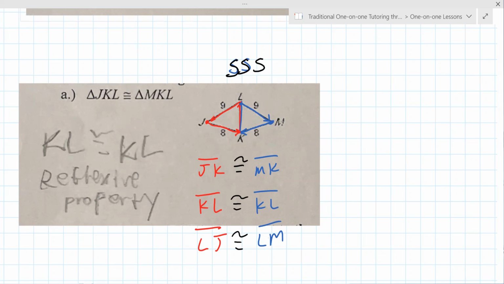Okay. Let me just write these. How's KL equal to KL? Because it's reflexive. That's what you wrote over there on the left.